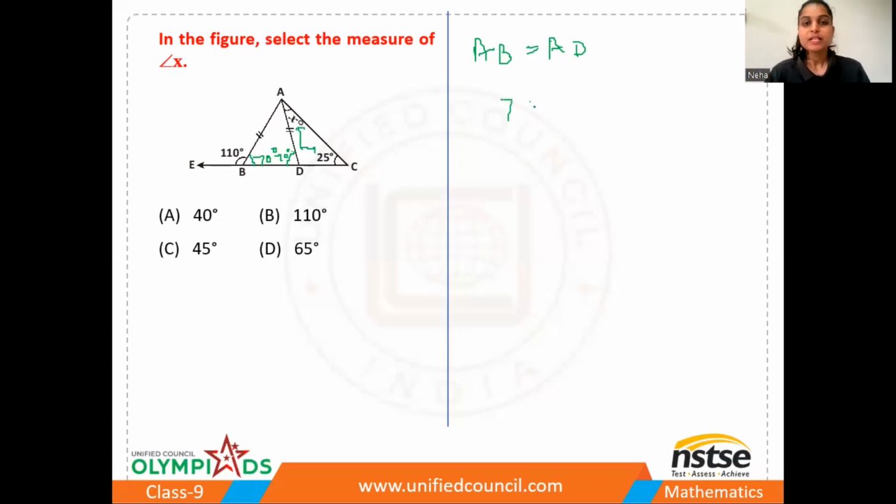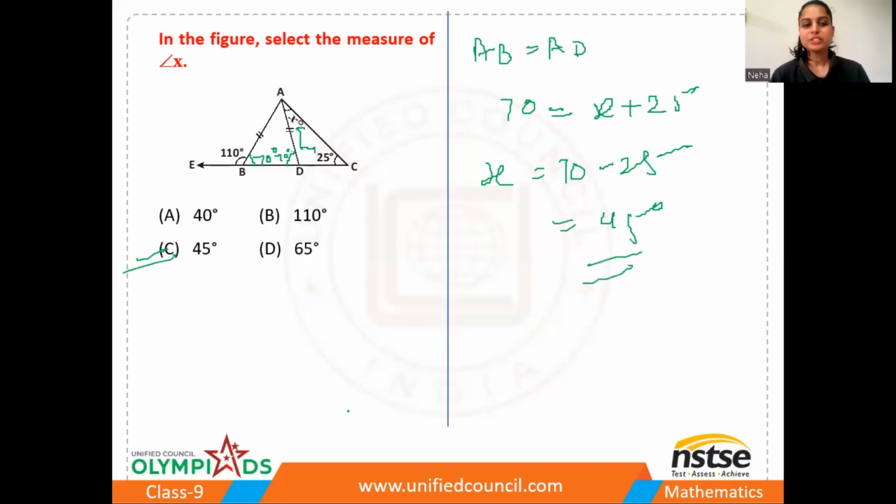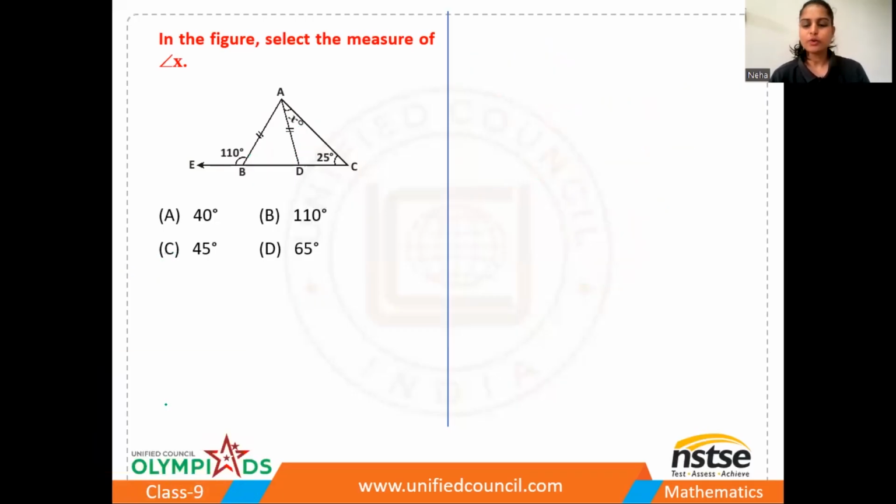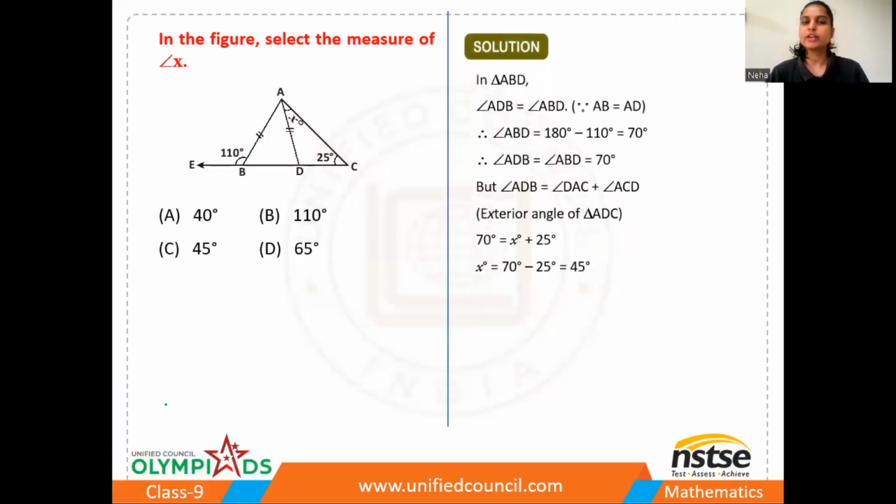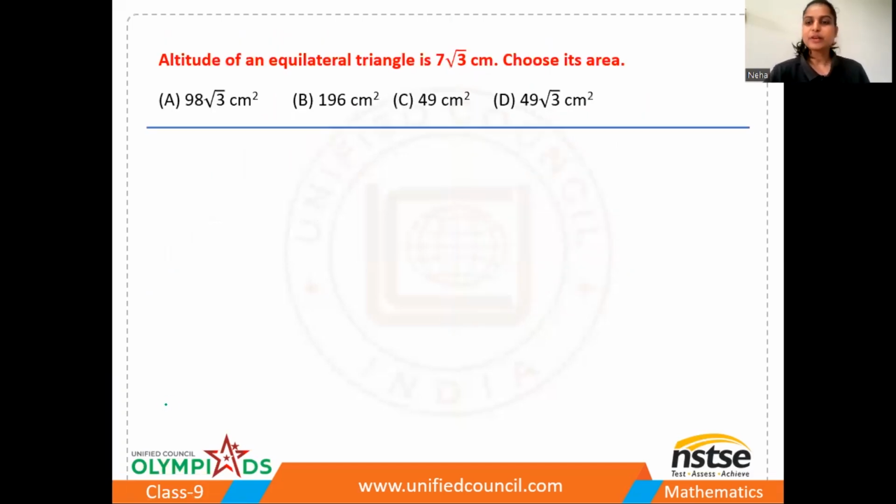That means 70 equals x plus 25 degrees, so x is 70 minus 25, which is 45 degrees. So 45 degrees, option C, is your right answer. Quite an easy question, not very difficult. Now let me start with the next question.